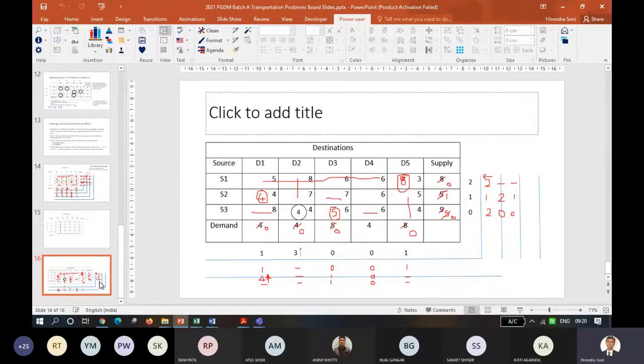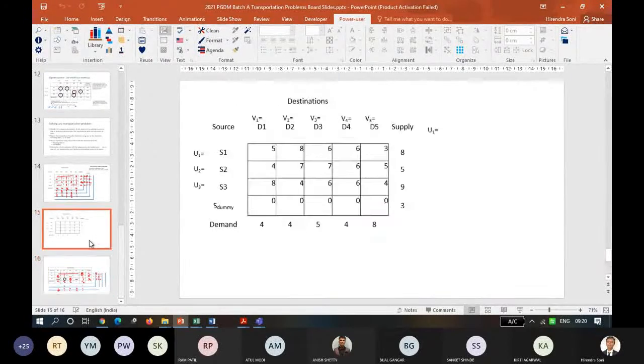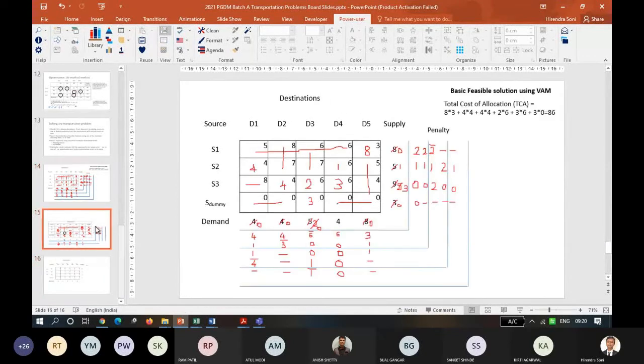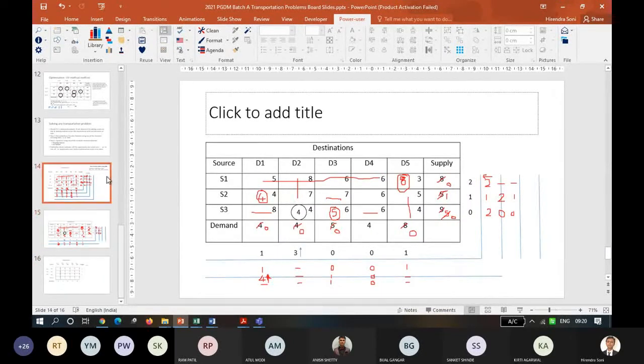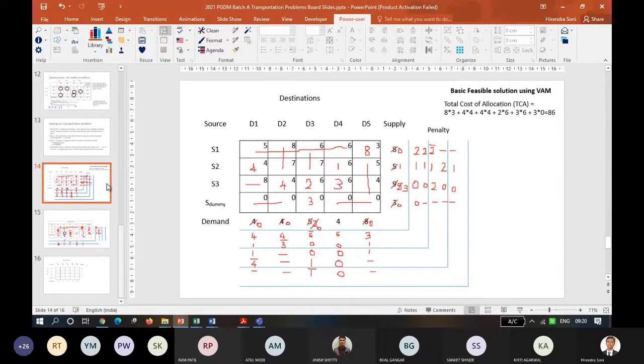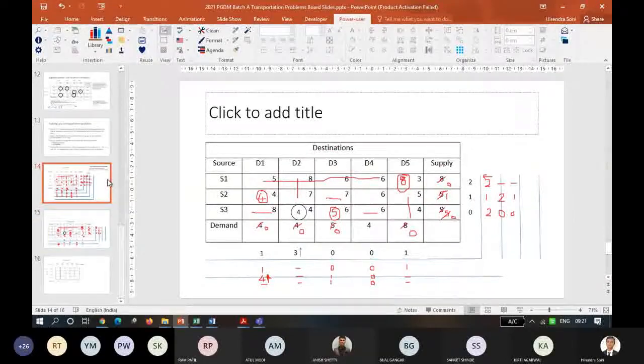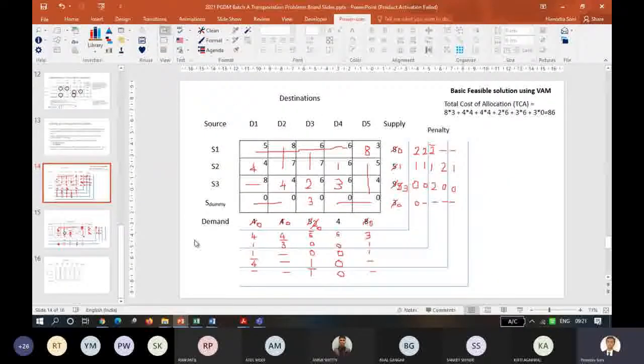We'll start with the optimization today. So we'll put the allocations first.